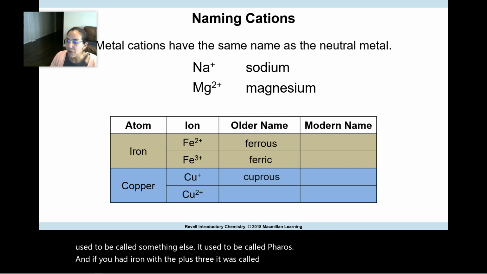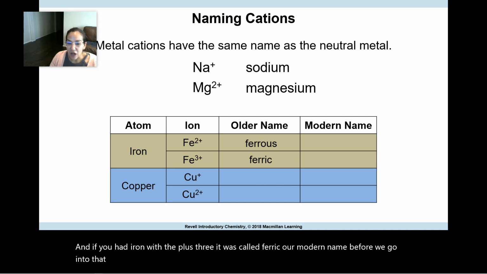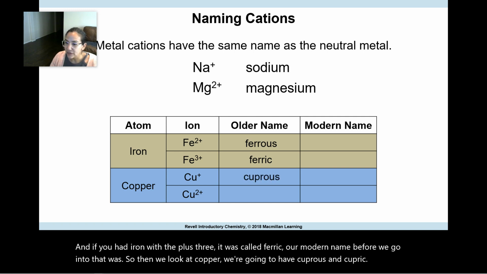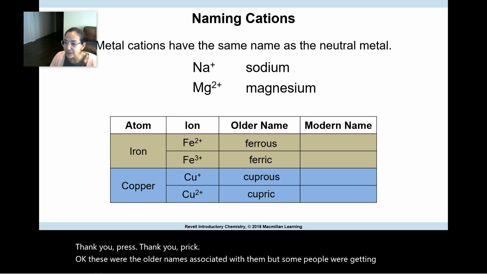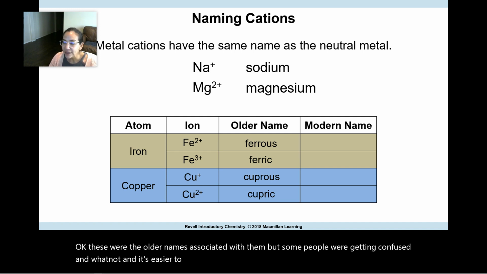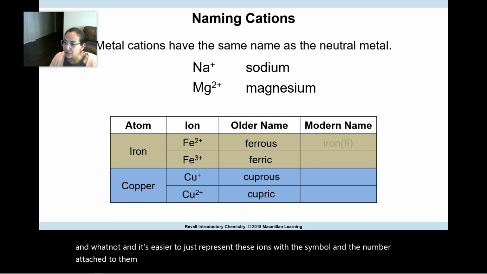Okay. Our modern name, before we go into those, so then we look at copper, we're going to have cuprous and cupric. These were the older names associated with them, but some people were getting confused, and it's easier to just represent these ions with the symbol and the number attached to them so nobody gets confused.